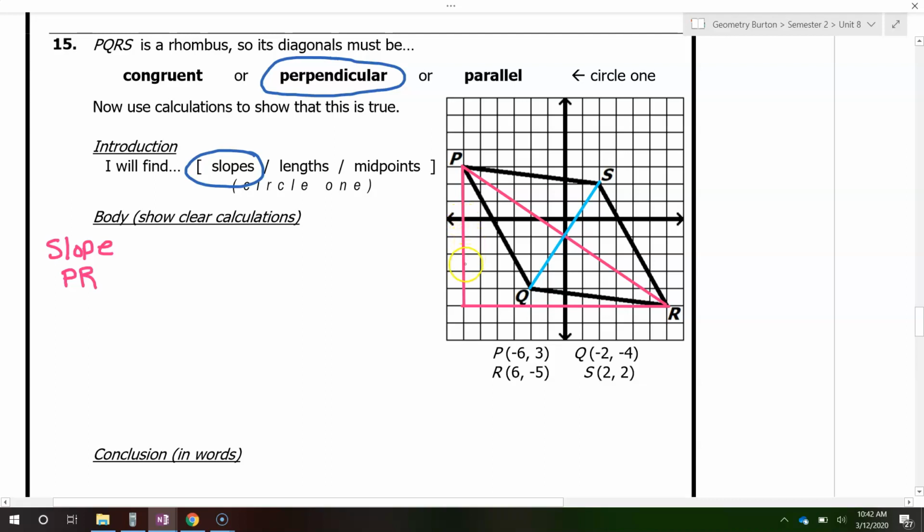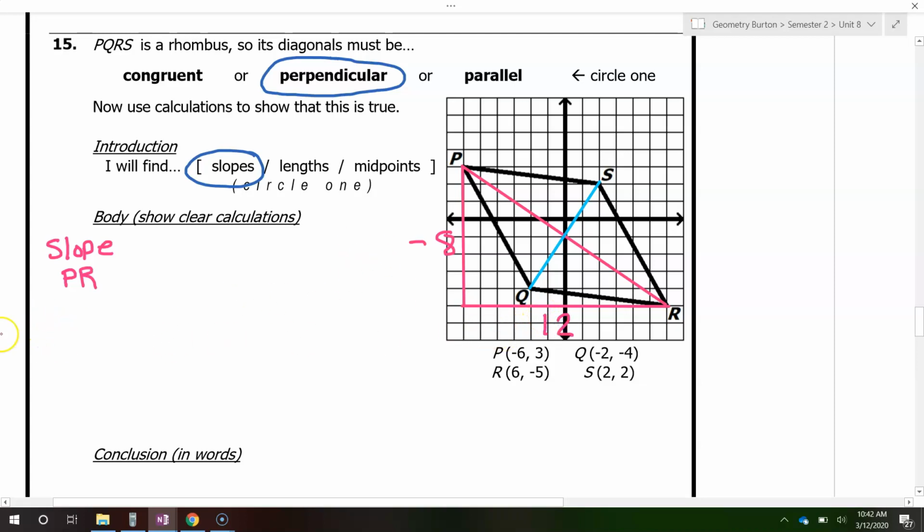But let's see, I'm going to count. So this is 3, 6, 8. Because I'm going down, I'm going to call this -8. And now going across, I have 3, 6, 9, 12. So this is 12.